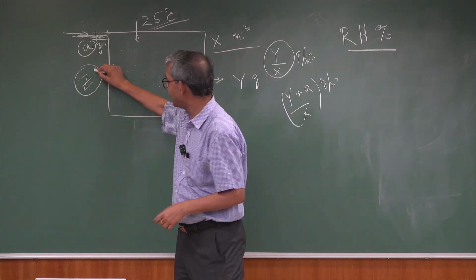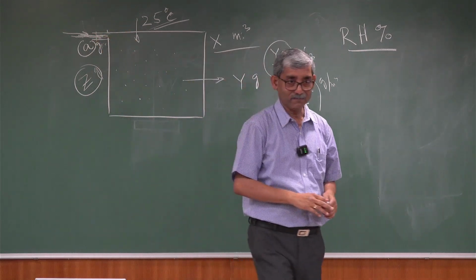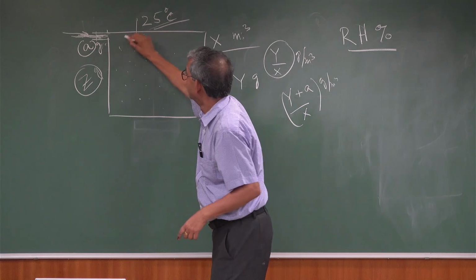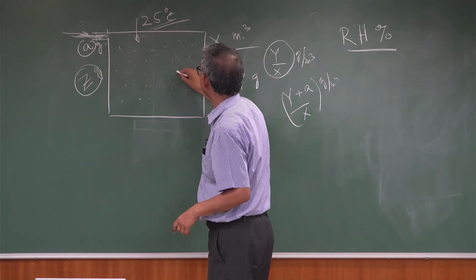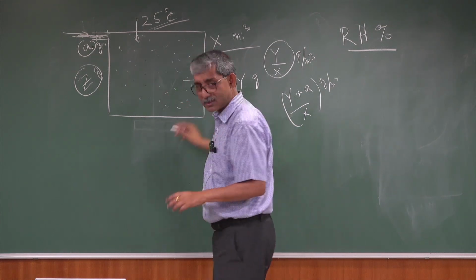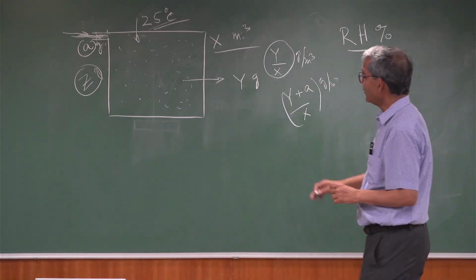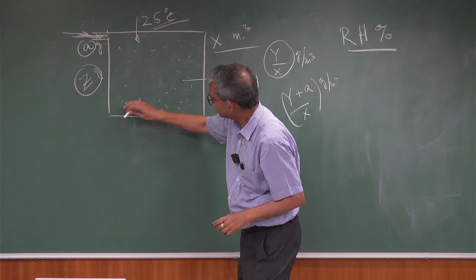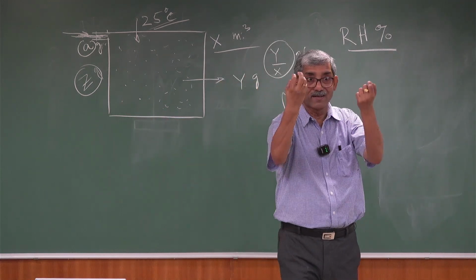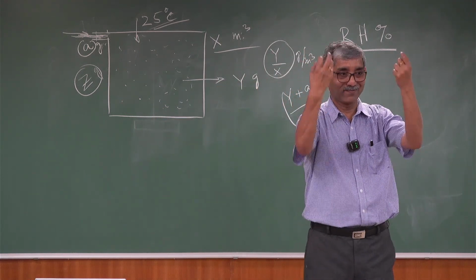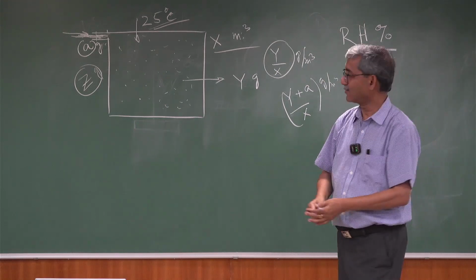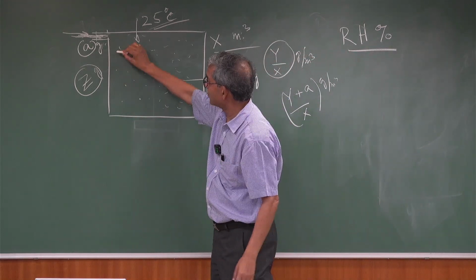After Z gram of entering, it has got a certain limit, and then what will happen? It will start dripping. Up to Z gram it is holding.